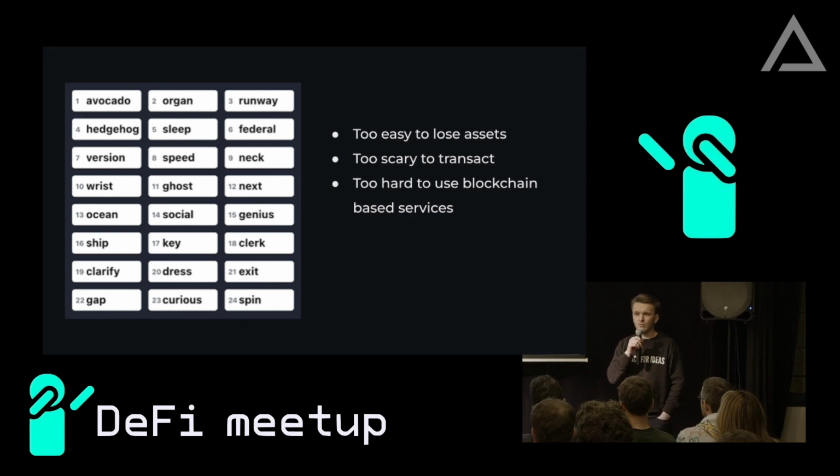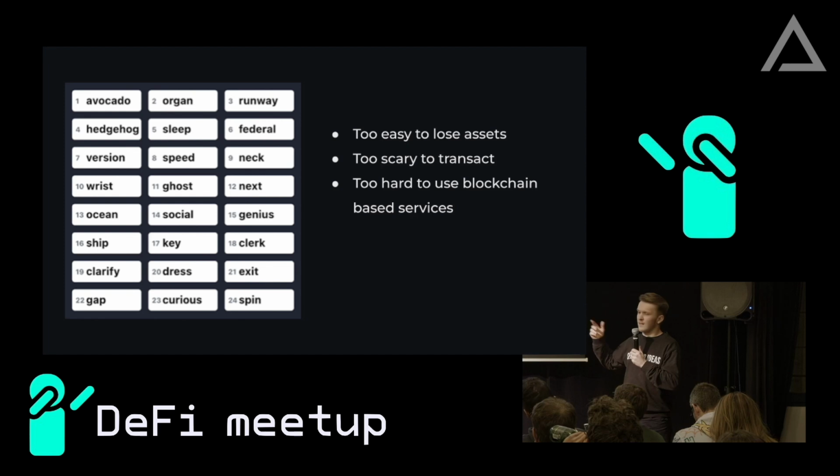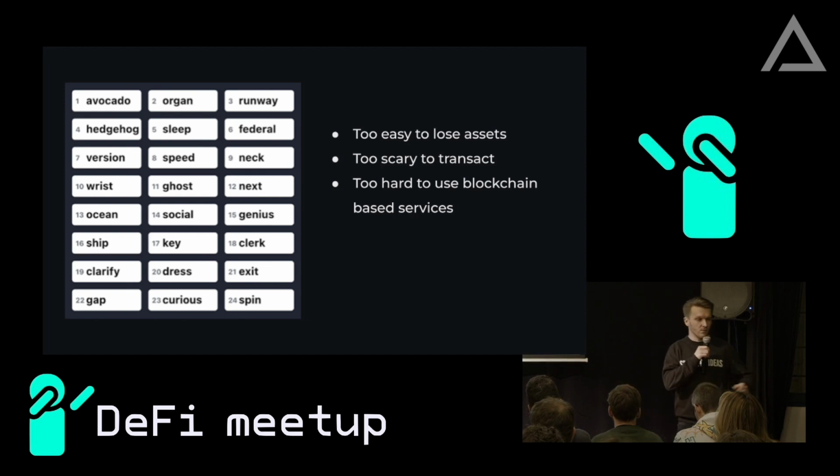I have a lot of friends or parents who can't remember passwords to email. So asking them to hold all of their net worth behind this is just ridiculous. And I don't just want to blame non-technical users. Even for us, it's hard to do this.